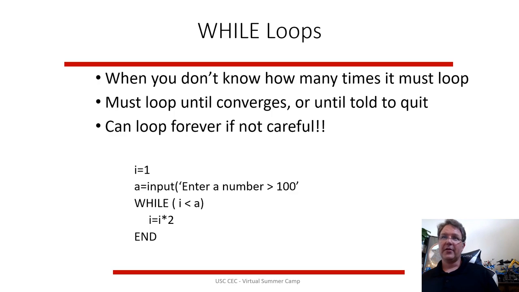In this case, you enter a number greater than 100, and you have a value I, and it's going to double until that counter I, which starts at 1, then goes to 2, then 4, then 8, then 16. It's going to keep doing this until it exceeds A, and then it's going to stop. So you could potentially get yourself in trouble with while loops because sometimes they don't stop or they have no end condition.